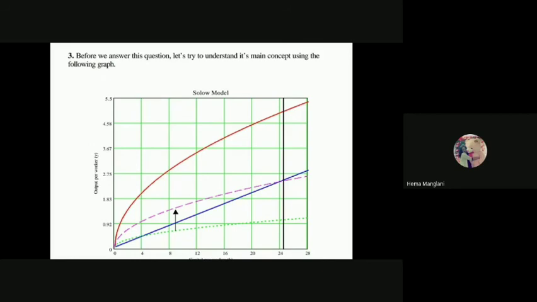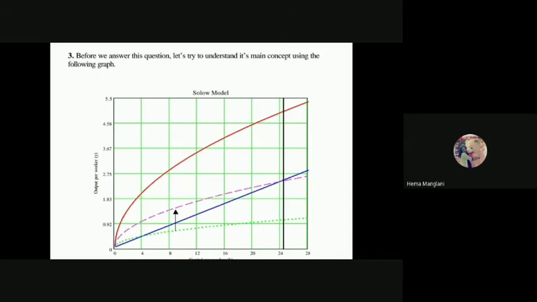So we have this capital per worker, we have this output per worker, and we have this red line which is indicating the output per capita. Right now I'm not discussing this magenta line, we'll discuss it a bit later. Then we have this blue line and this green line.